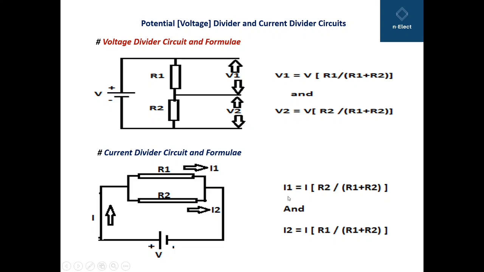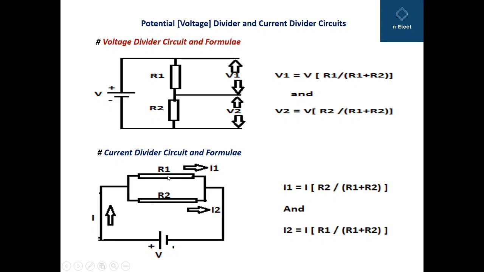Here there is a formula for the current flowing through one parallel branch. I1 is the current flowing through R1 and I2 is the current flowing through R2, and we are finding the formula directly for the current flowing through resistor R1.